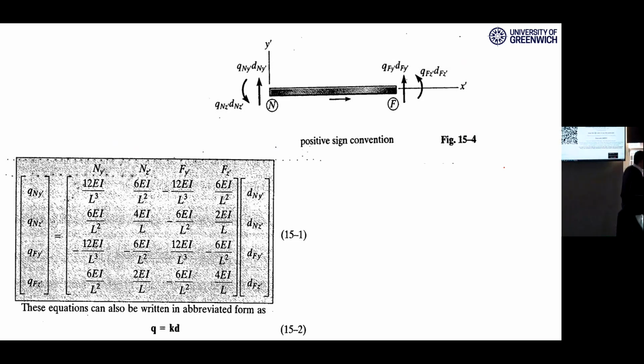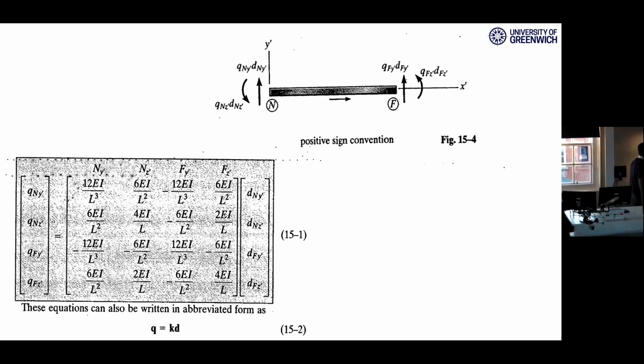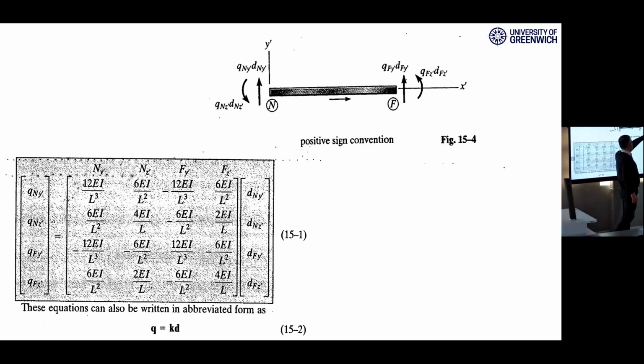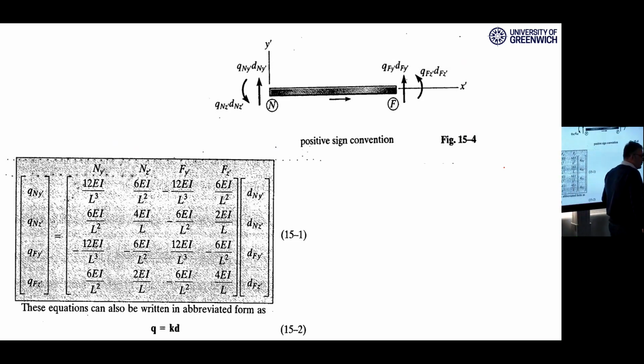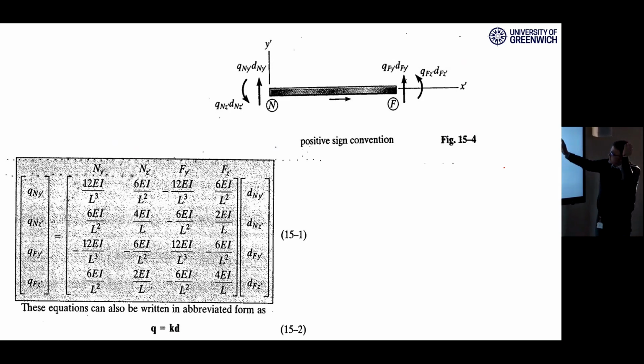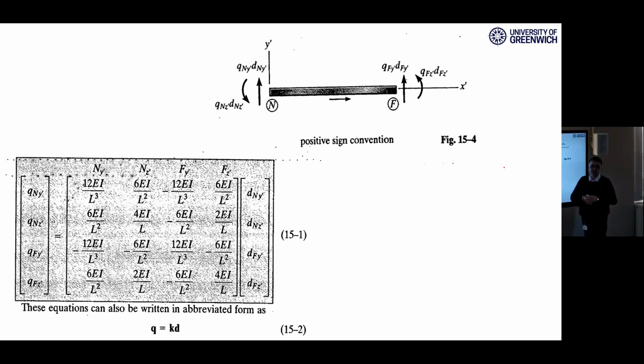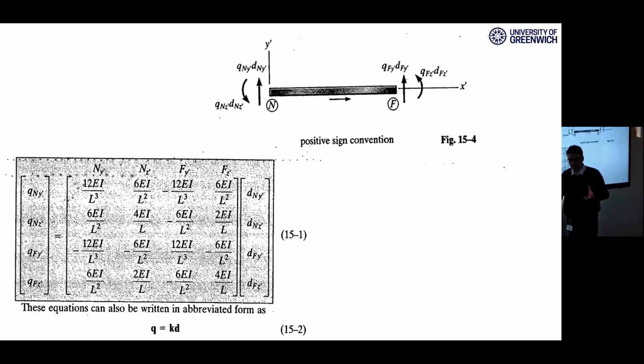So assume that we have a coordinate system like this, x prime and y prime, or x and y, whatever you call it. With this coordinate system, we have basically 4 degrees of freedom and 4 end forces. I mean, at the near end and the far end. One shear and moment here and one shear and moment there, the near end and the far end, okay?